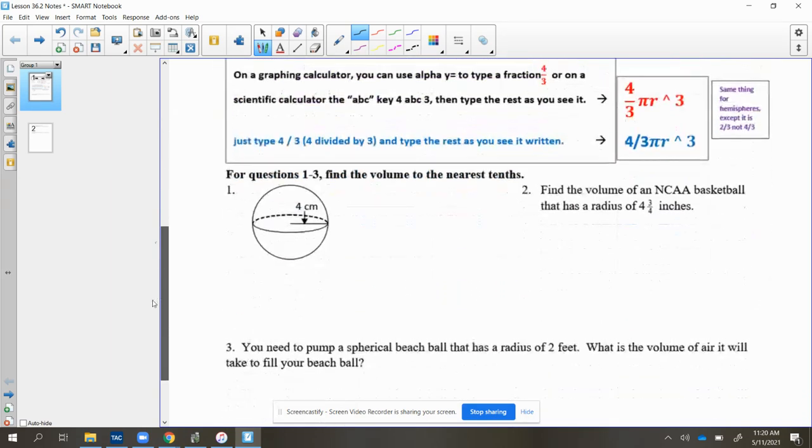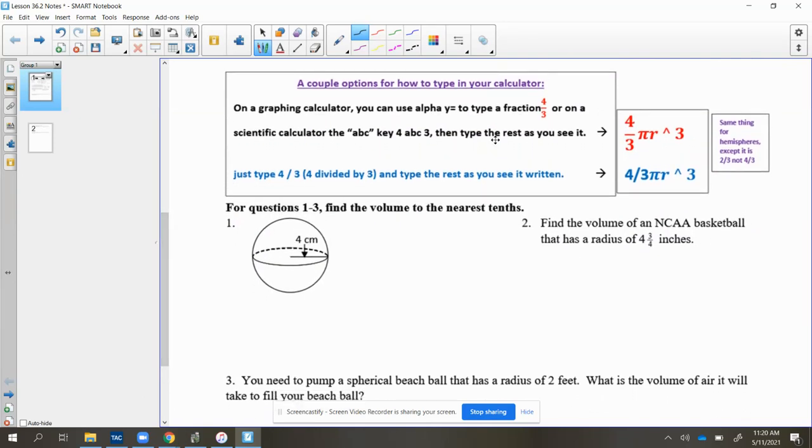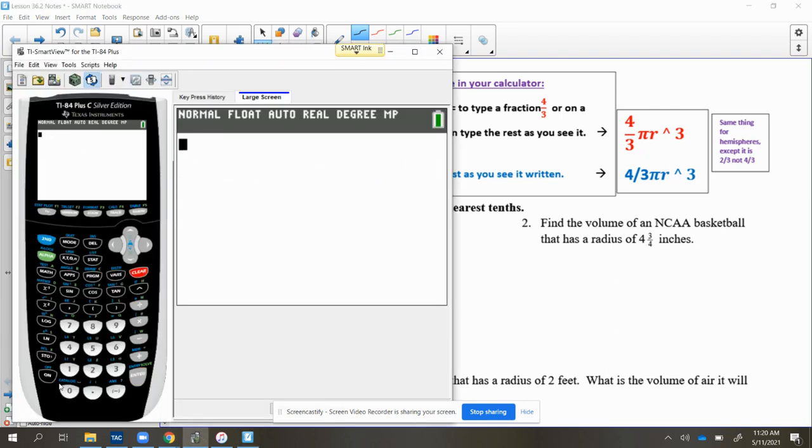So a couple other things to note when it comes to our calculator. You can just type it in as a fraction, 4/3. So if we're trying to type in 4/3, not 1/3, 4/3, you could just type it like this, as is, times your pi, times whatever your radius is. Let's say our radius is 12. We times 12 cubed, and you get your answer for that.